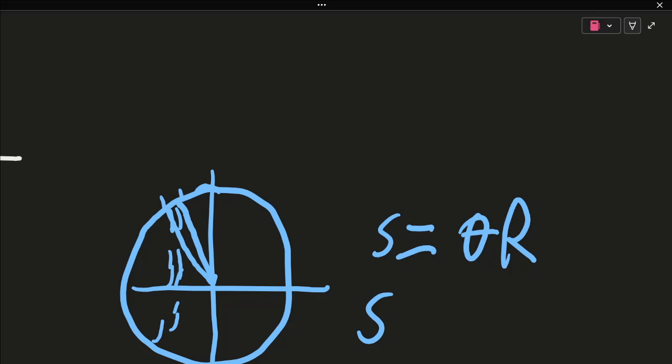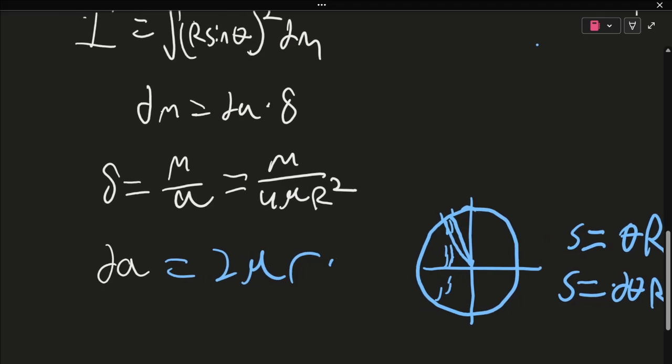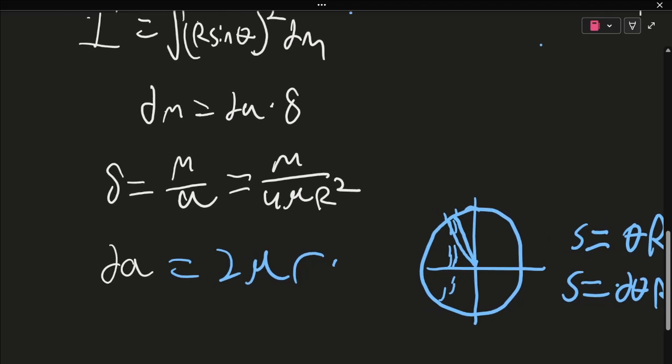So we can actually write that as S is equal to d theta r. So this brings our total equation to dA is equal to 2 pi r times d theta r.